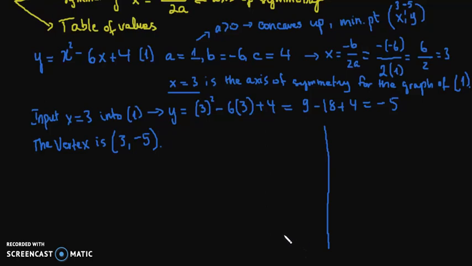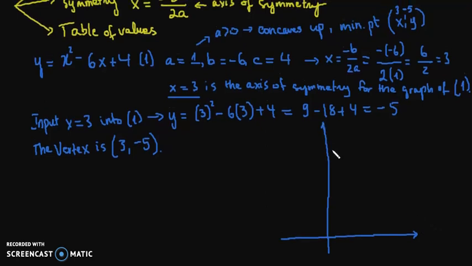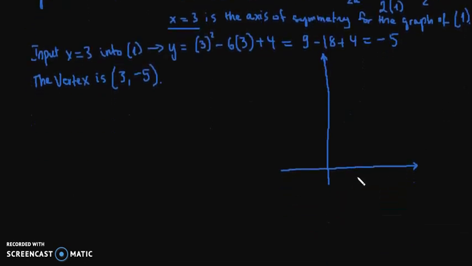We know this is concave up, and the vertex is (3, -5). One, 2, 3 here, and -5 here.